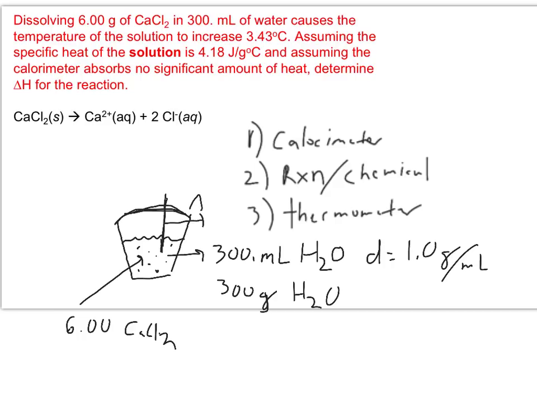So delta T is 3.43 degrees Celsius. So that's taking all that information and putting it into a picture. So we have a mass of water, we have a mass of a chemical, a reaction, and we have a change in temperature.